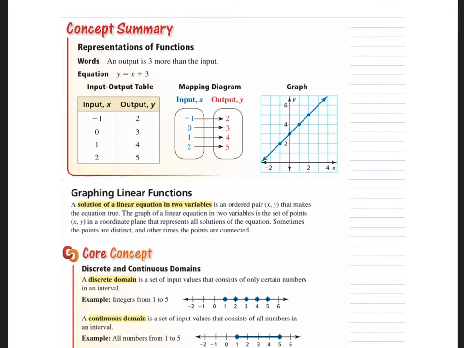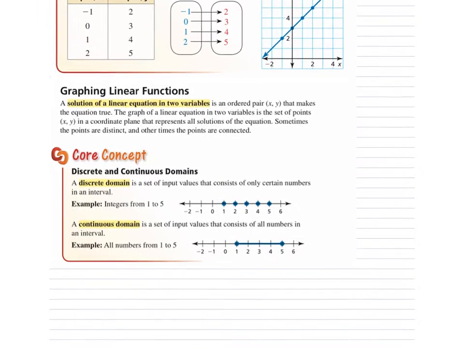For our next part of our lesson, we are looking at graphing these linear functions and whether or not we have a discrete function or a continuous function. Discrete functions are literally just ordered pairs. Continuous functions is a graph that represents a line. So if we look at this example here with the number line, your discrete functions are just ordered pairs.